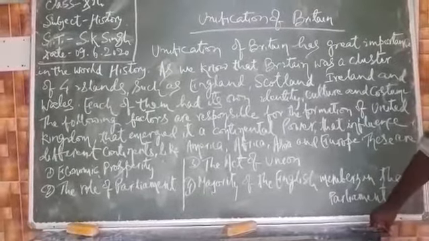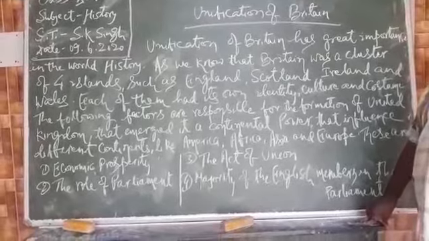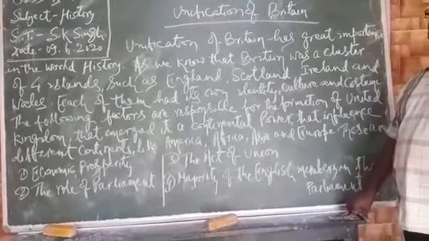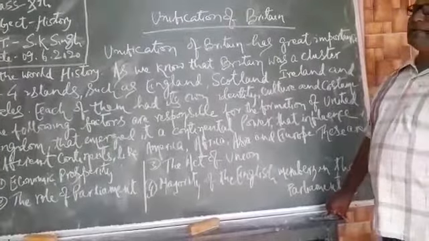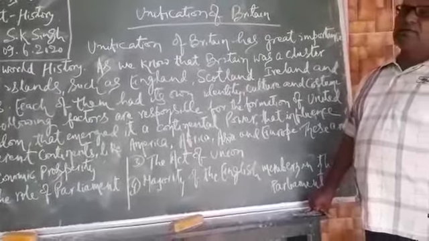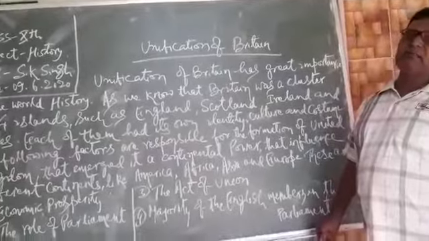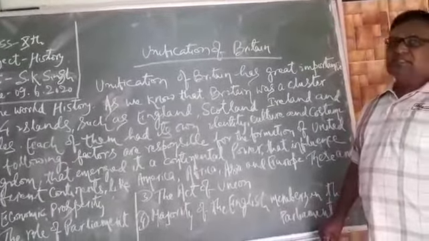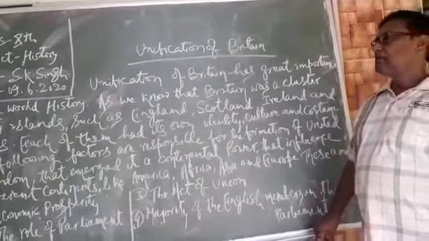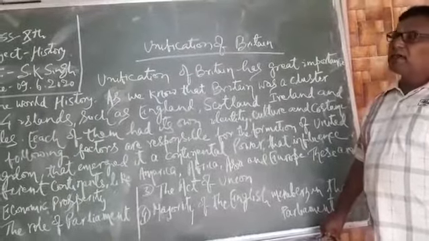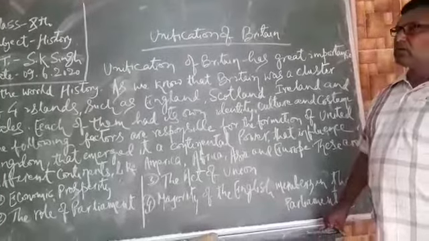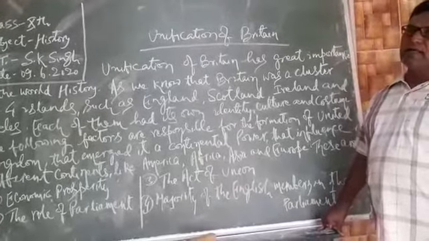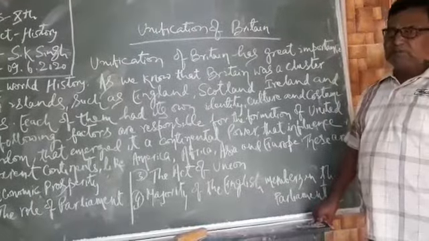Next point is the role of Parliament. And we must know that in 1688 there was a revolution, and that revolution is known as the Glorious Revolution. In 1688, the king was forced to leave his throne and Parliament emerged as powerful.